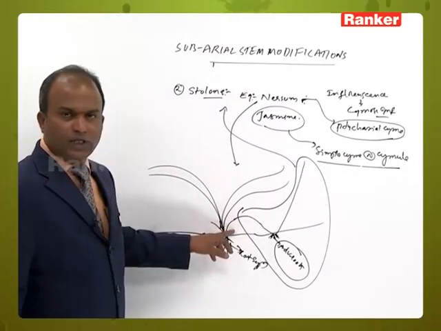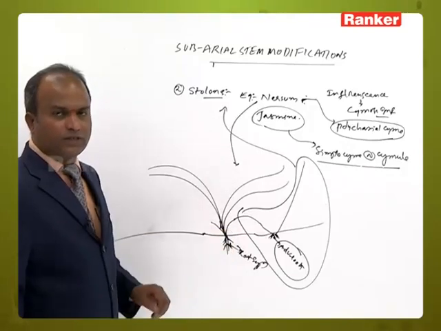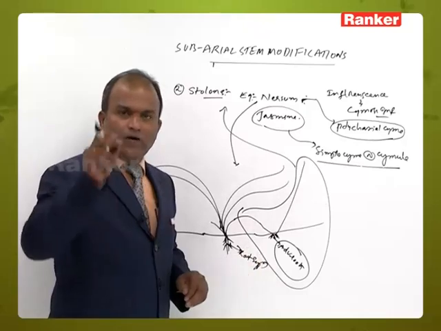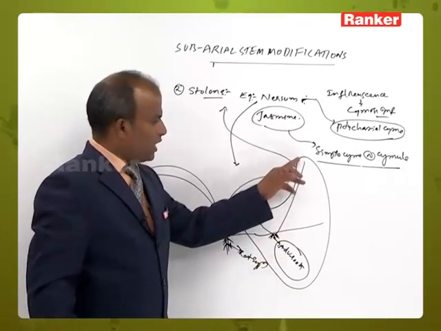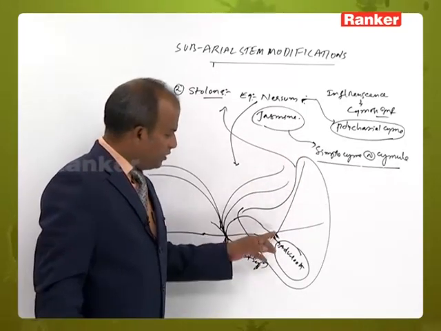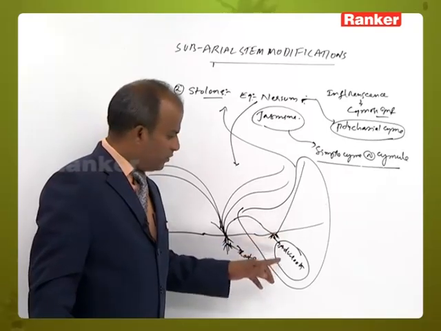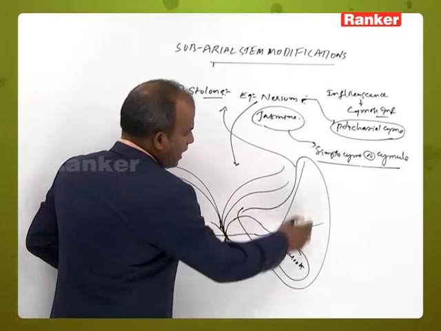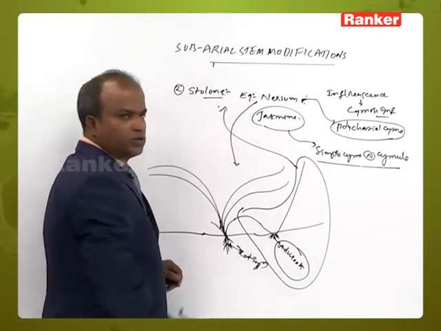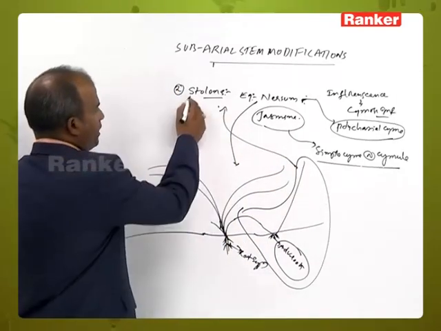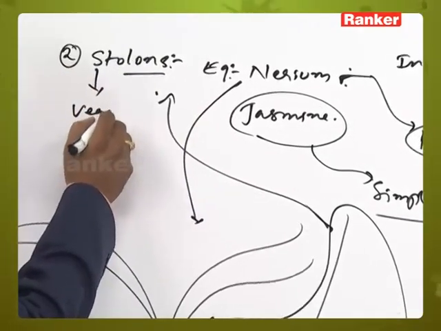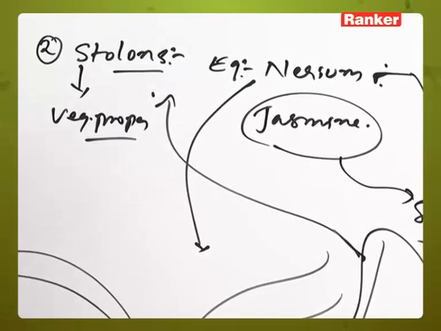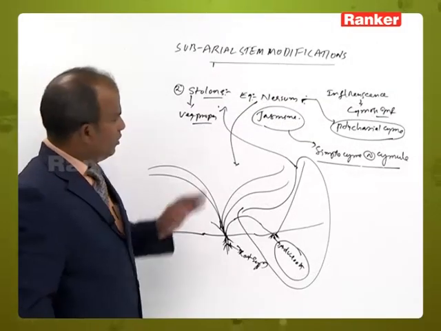The branches developing from the basal part of the stem, growing towards the soil, and once touching the soil becoming aerial again. Where the branch touches the soil it produces adventitious roots, and the complete branch is called a stolon. This stolon plays an important role in vegetative propagation.